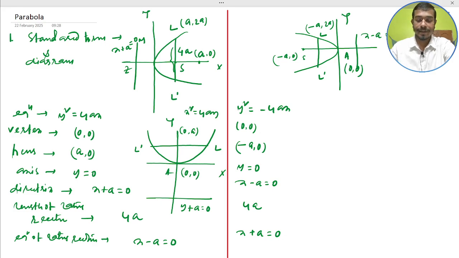You just write the same for the equation, vertex, focus, axis, directrix, length of latus rectum, equation of latus rectum. And here this would become minus 2a, 0. And here the another one, that is x square equal to minus 4ay, this would become this side.